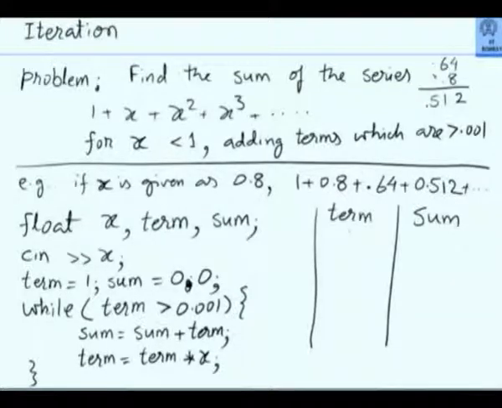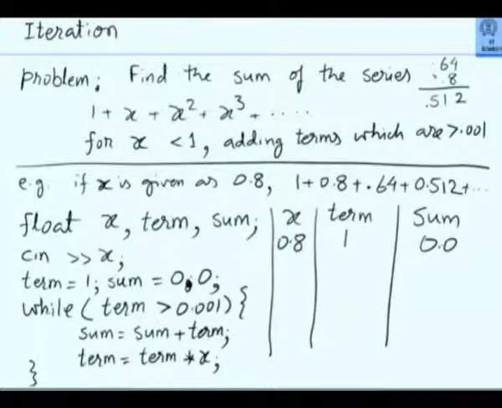So I write term is 1, sum is 0 and x is 0.8. Agreed? The first three statements: cin x will get you x as 0.8, term is equal to 1 will get you term as 1, sum is equal to 0.0 will get you sum as 0.0. Fine? Now I come to while.